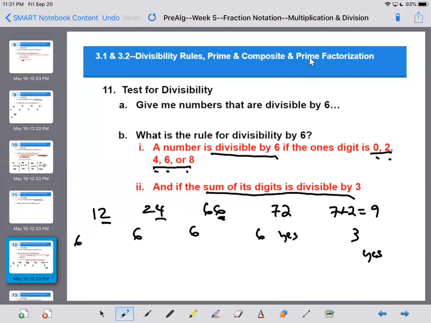So what we're saying is, it's twofold here: if the ones digit ends in 0, 2, 4, 6, or 8, which means it's divisible by 2, and has a sum divisible by 3. So what we're looking at is, can it be divisible by 2? Can it be divisible by 3? If it can, then we know the number will be divisible by 6.